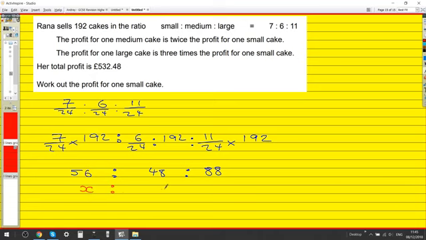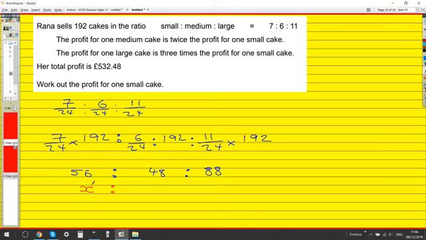What would be, in terms of X, the profit for a medium? Would it still be 48? Just in terms of X. X squared. Let's think of this a different way.